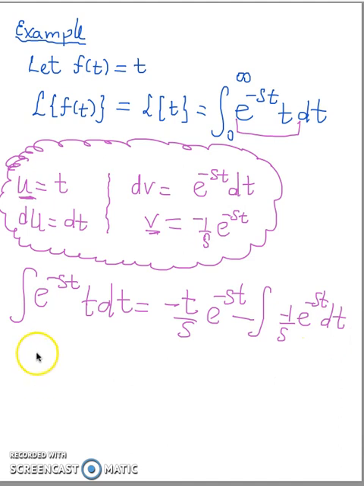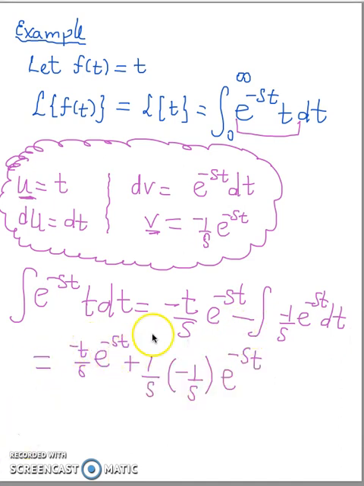Okay, so this is equal to minus t over s e to the minus st, then we get a negative 1 over s squared e to the minus st. What we have to do now is evaluate the limits of integration.